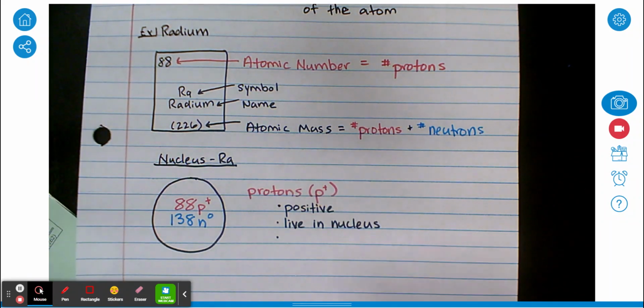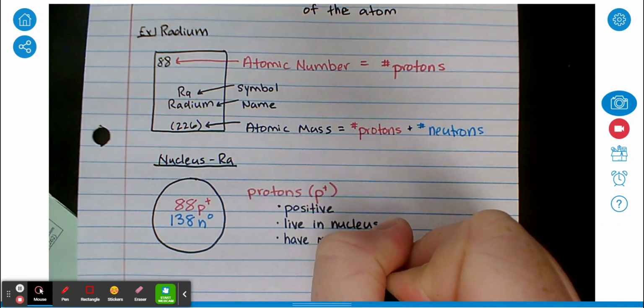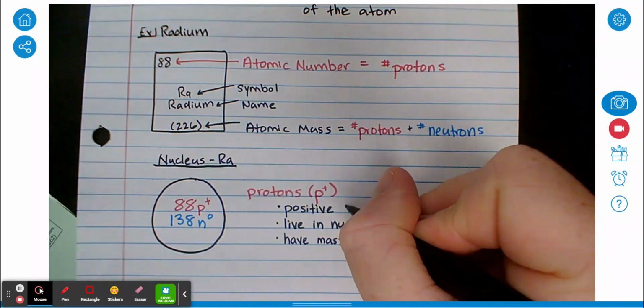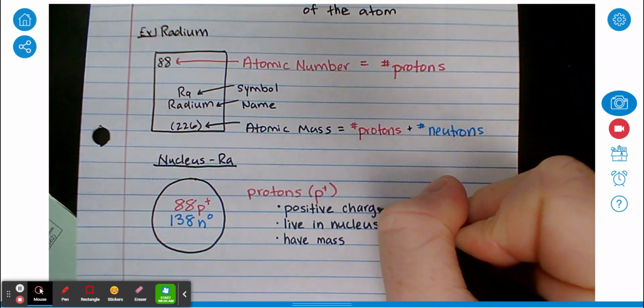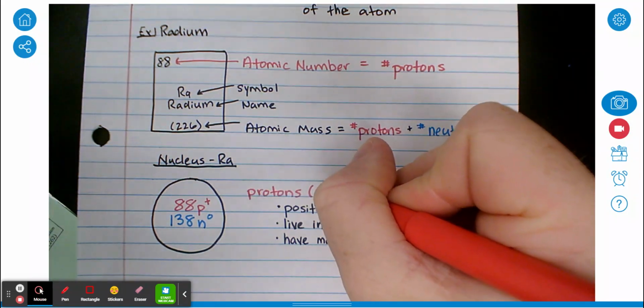And then all protons have mass, which means they have weight. In the world of subatomic particles, these are pretty substantial particles. They have a mass, they have a positive charge, and they live in the nucleus. I'm going to make that a little bit more obvious as a plus sign.